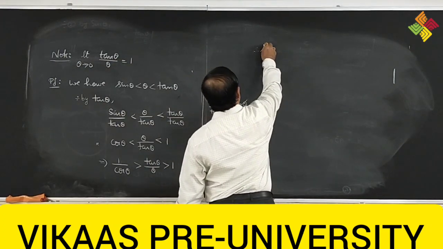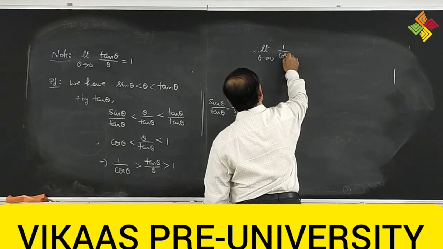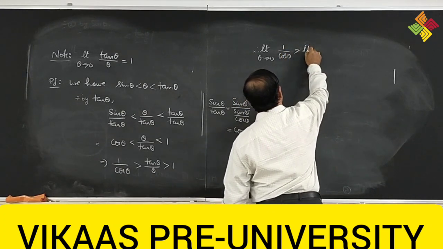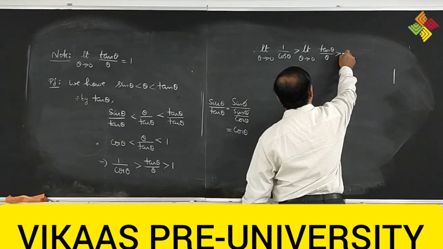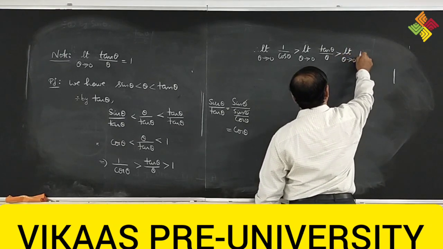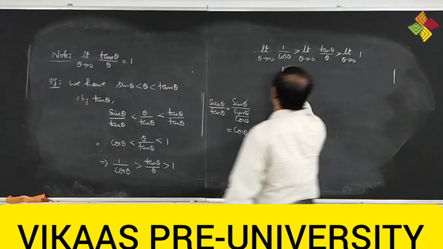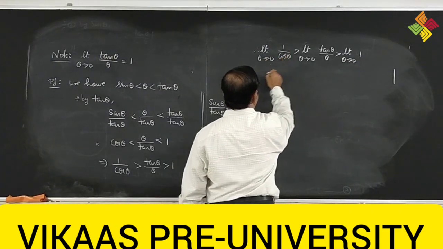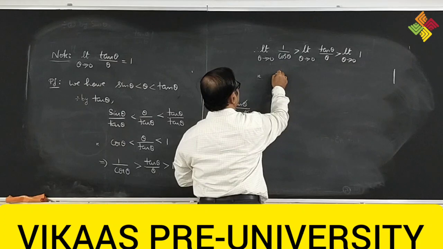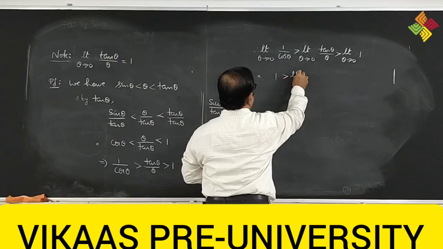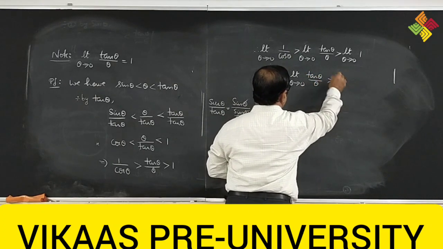Therefore, limit theta tending to 0 of 1 by cos theta greater than limit theta tending to 0 tan theta by theta greater than limit theta tending to 0 of 1. Now put theta equal to 0 in 1 by cos theta: this is 1 by cos 0, which is 1.